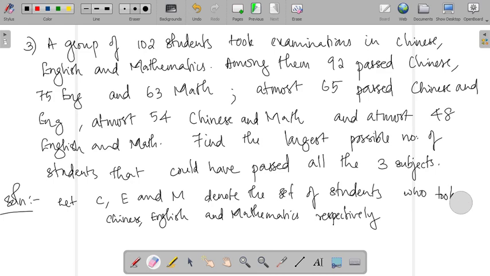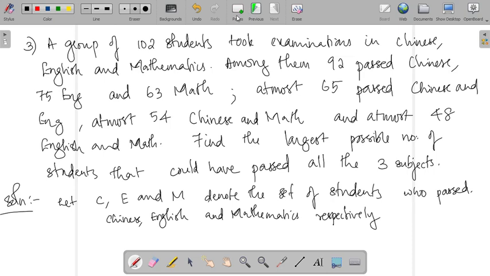And students who passed Chinese, English and mathematics respectively will be C, E and M.